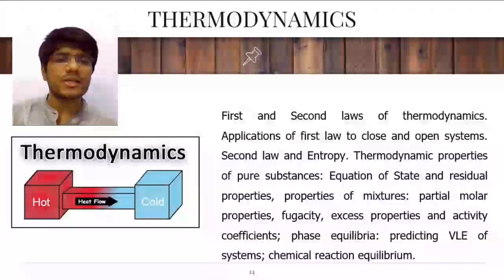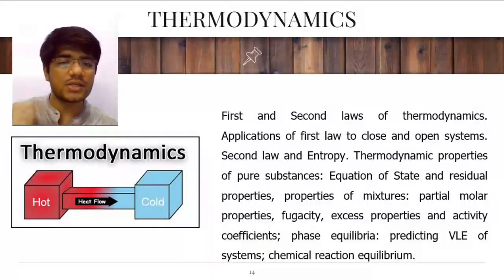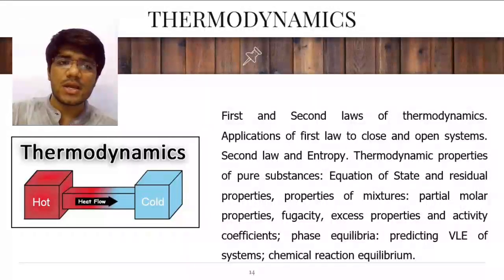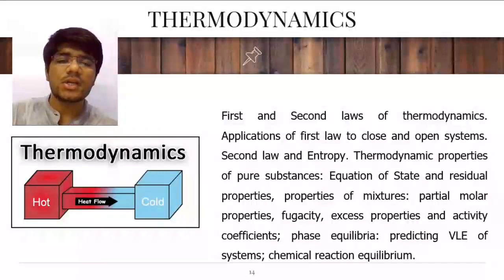The next subject is chemical engineering thermodynamics, the very basic and very important subject of chemical engineering. Thermodynamics usually comes for about 9 to 10 marks, and there is a very interesting fact: if you merge thermodynamics and process calculations, then every year for the last 5 or 6 years I am seeing that the weightage of these two subjects is 13 marks.